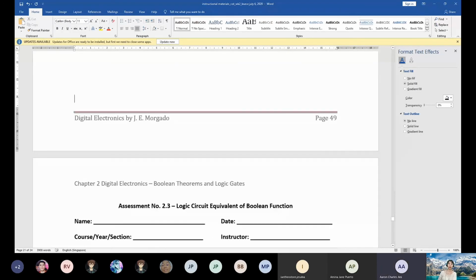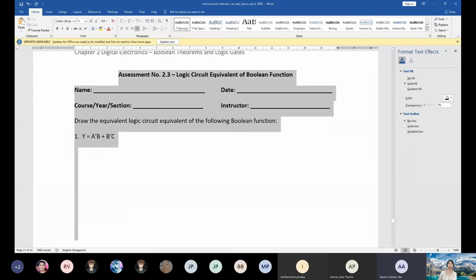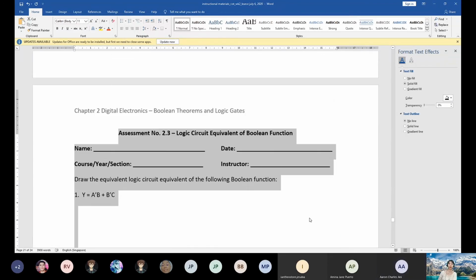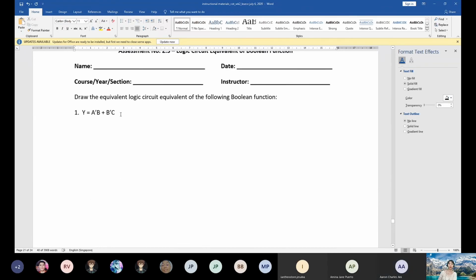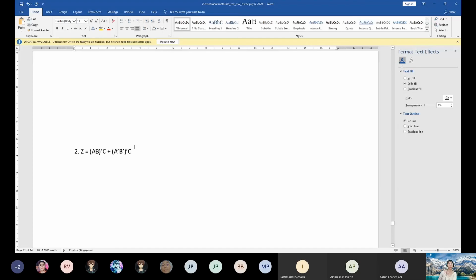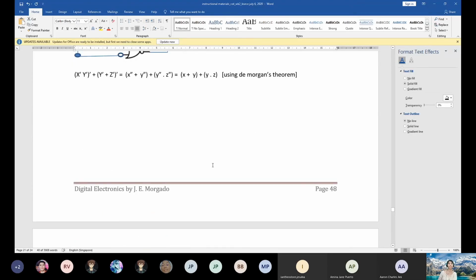I will post this in your assignment tab. Given a Boolean equation, you must draw the logic circuit, just like we did today.